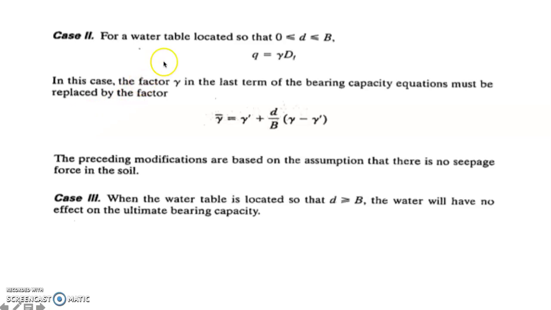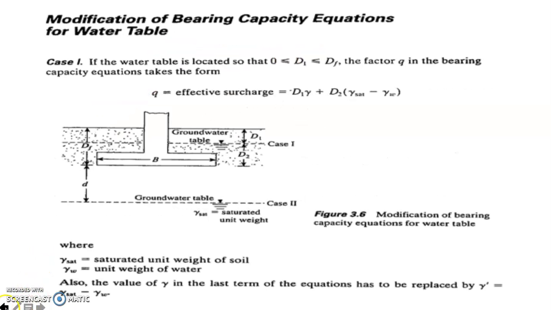For case 2, for the water table located so that our d, where is our d? This is our d. We are now on case 2, meaning the groundwater table is below the base of the foundation. So our small letter d is the distance from the base of the foundation to the water table surface.